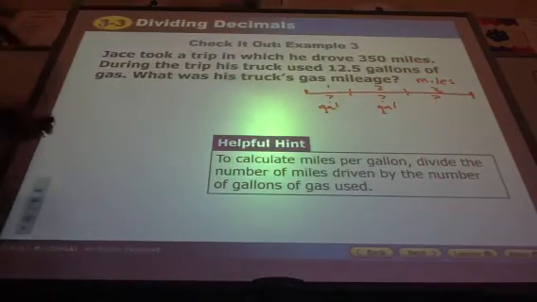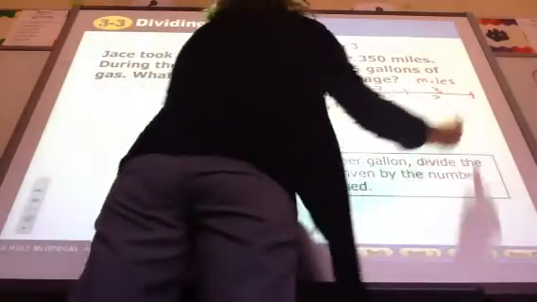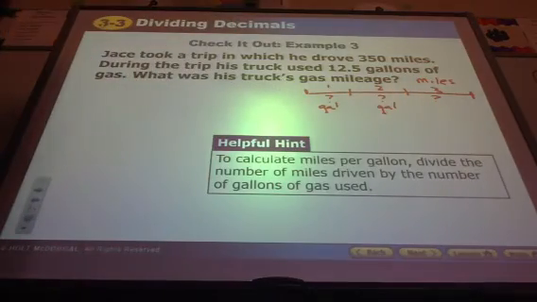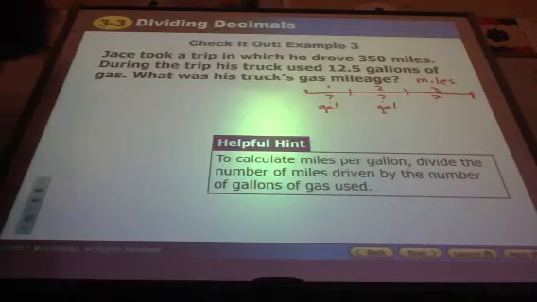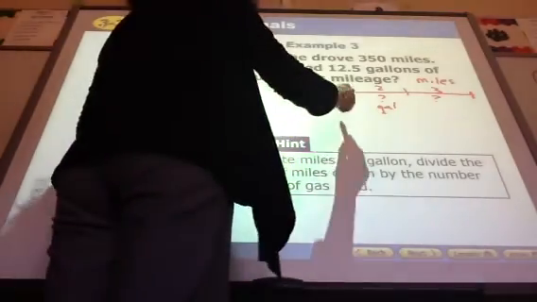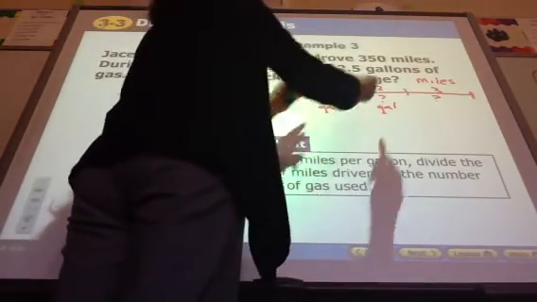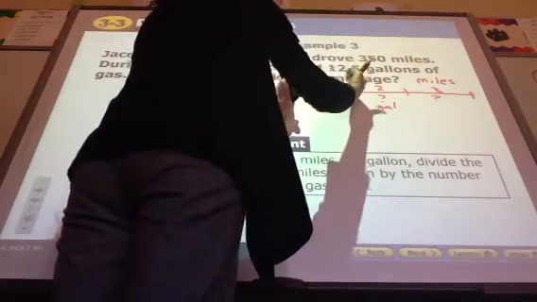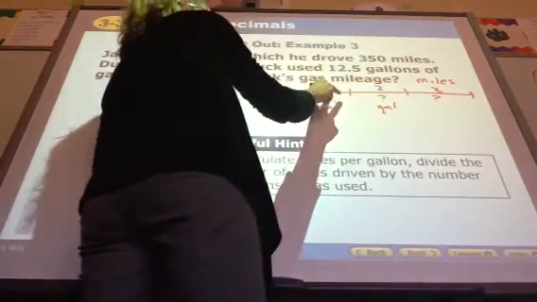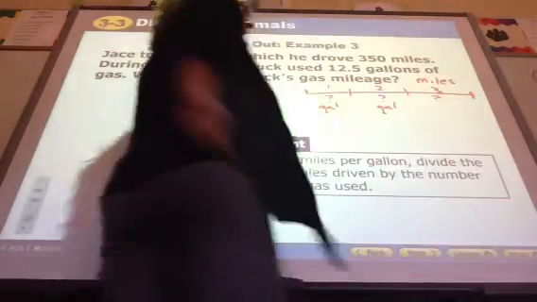So if we take these miles and divide it by the number of gallons we have, we'll be able to tell how many gallons this is for this mile. If you take the total gallons and divide it into 3 sections, we'll know how many gallons are here, it'll be equal here and equal here.